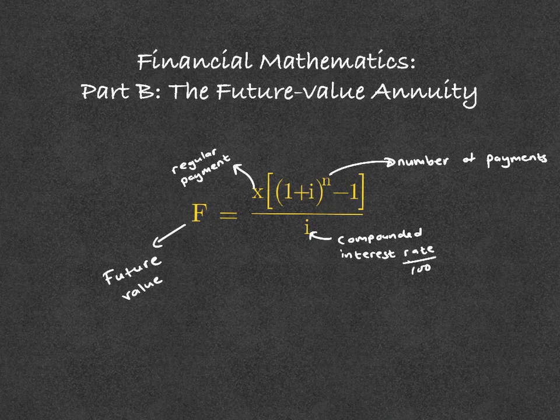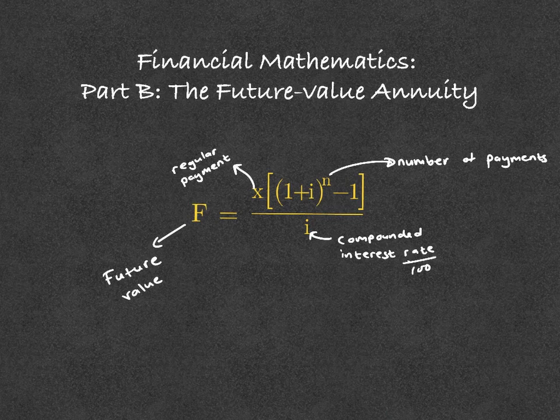In other words, what you're going to get after making regular payments over a specific time period. X is the regular payment, 1 plus i to the power of n. n is the number of payments you're going to make. i is the interest rate divided by 100, the compounded interest rate. So that's it.